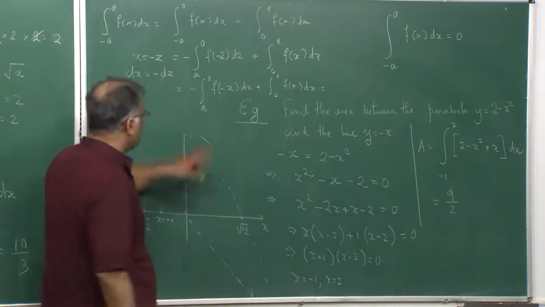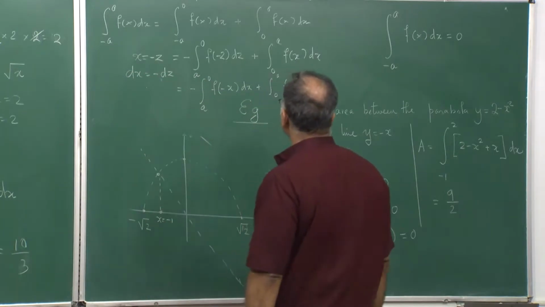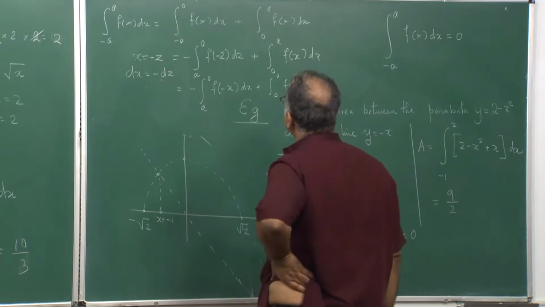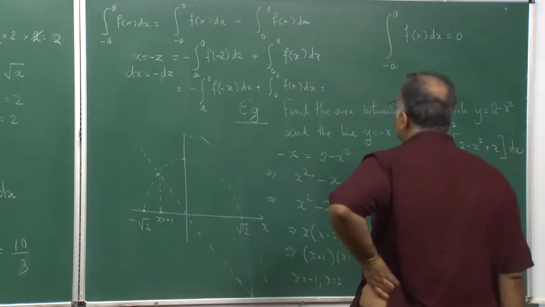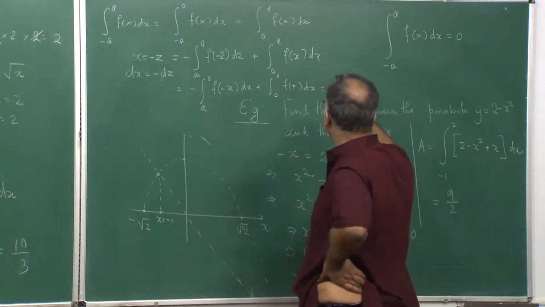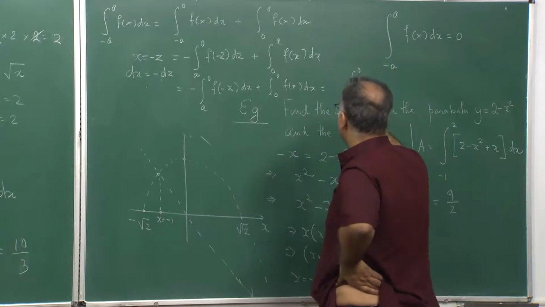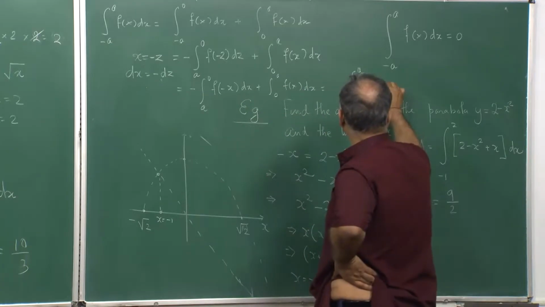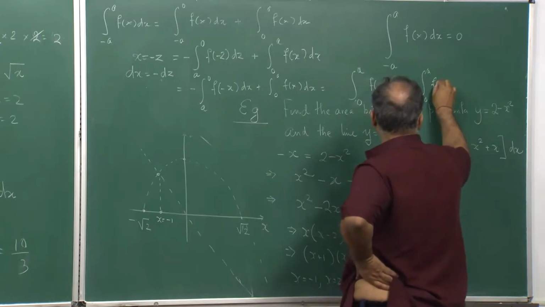Now, you see how the reasoning goes, because this is odd, f of minus x is minus f of x. So, this will become, sorry, it will become 0 to a because of the minus here. So, this will become f of minus x dx plus 0 to a f(x) dx.